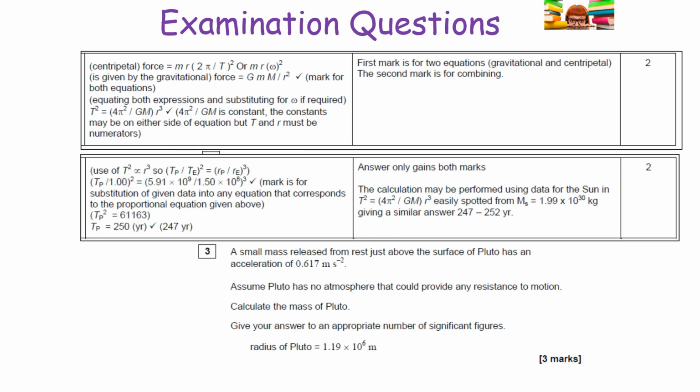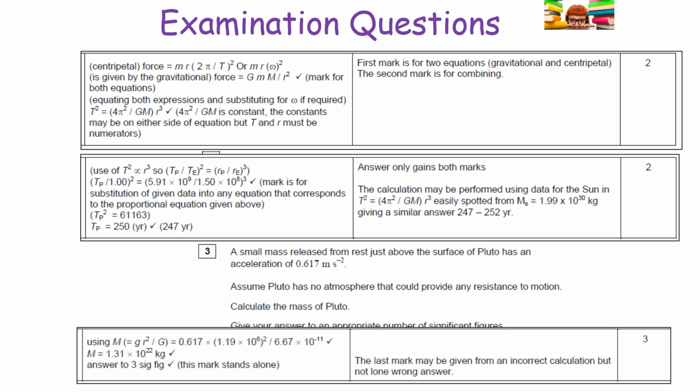Now this next question, how can you work out the mass of Pluto? Well, we know from our previous work that gravitational field strength is equal to GM over r squared. Now again, big M is going to be the mass of Pluto. So what you can do is rearrange this and make the mass of Pluto the subject.